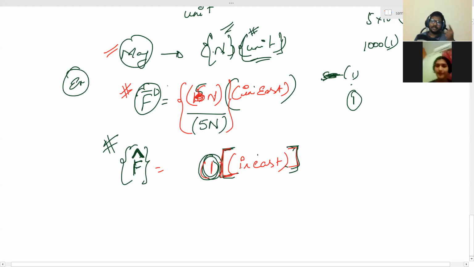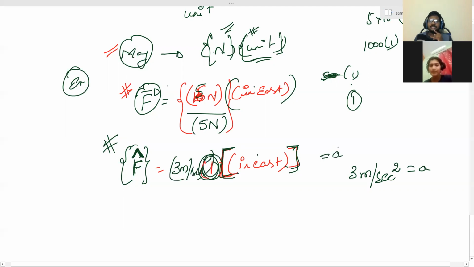If you want to describe any other vector, suppose you want to say 3 meter per second square is the acceleration, magnitude. If you want to describe some acceleration in the direction of east, can I multiply 3 meter per second square with F cap? This will become an acceleration vector, right?